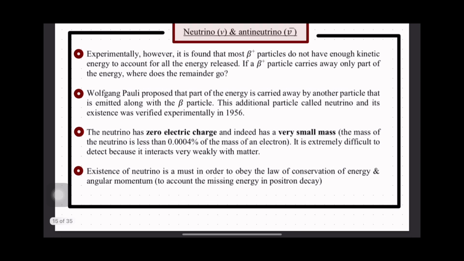Experimentally, however, it was found that most beta particles do not have enough kinetic energy to account for all the energy released. So the beta particle carries away only a part of the energy. Where does the remainder go?